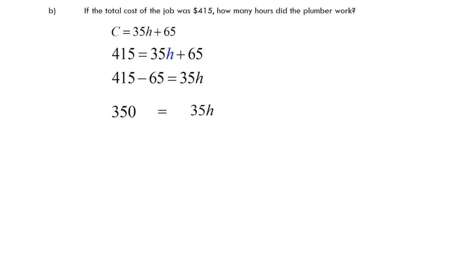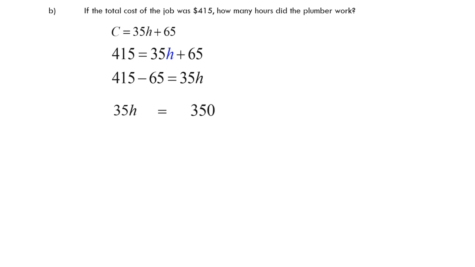But when you have a situation like this, it's much easier just to swap the two terms that we have on either side. So it is perfectly valid to say that 35h equals 350, as it was to say 350 equals 35h. Just saves us a couple of steps there.